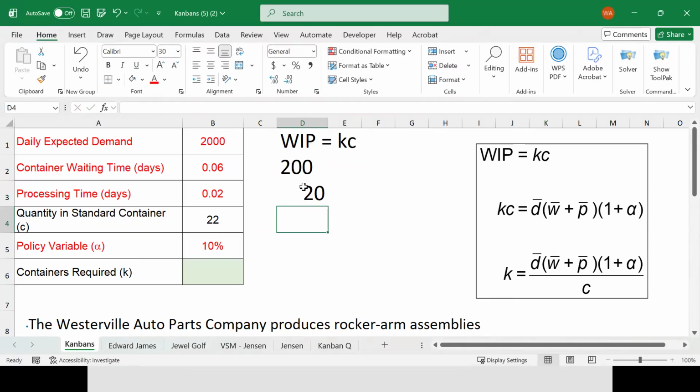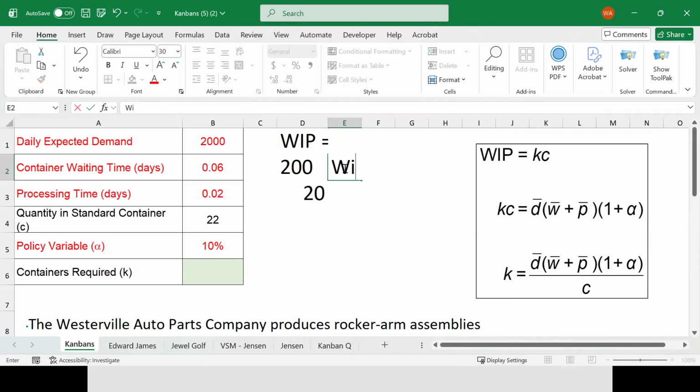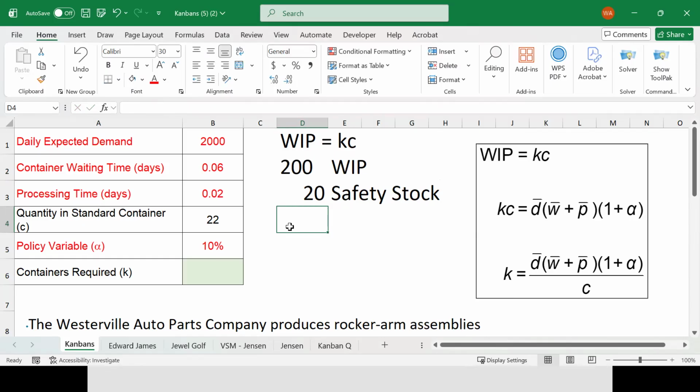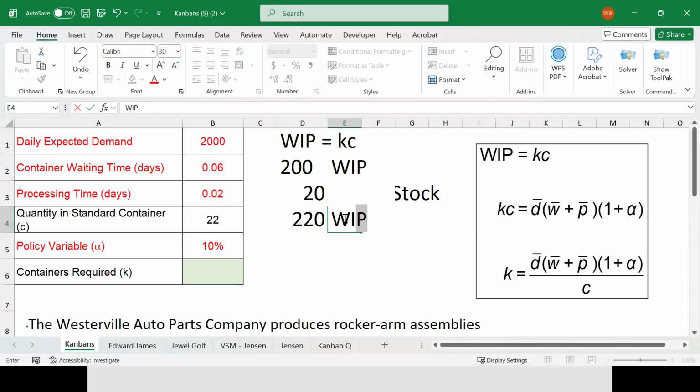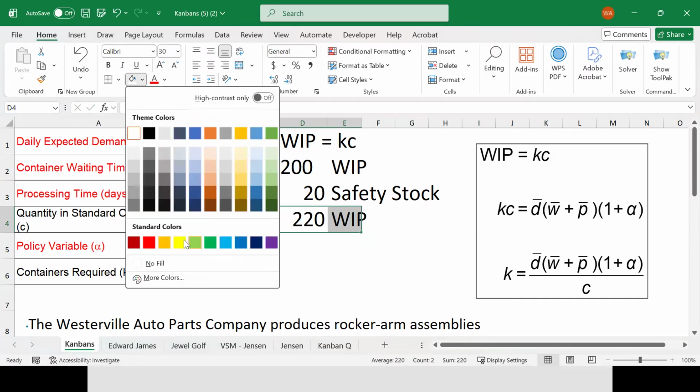So now we have 200 as our typical work in process inventory, and then we have our safety stock at 20. If I combine these two, 200 plus the safety stock, we end up with our true work in process value, which for this company is going to be 220.